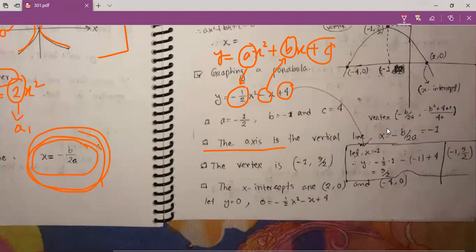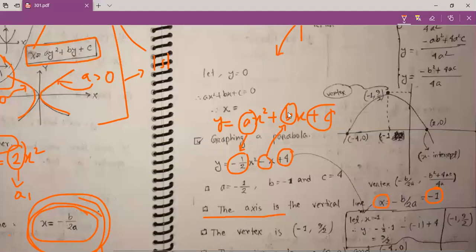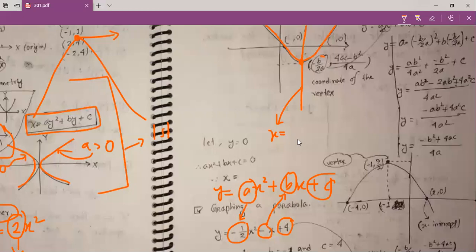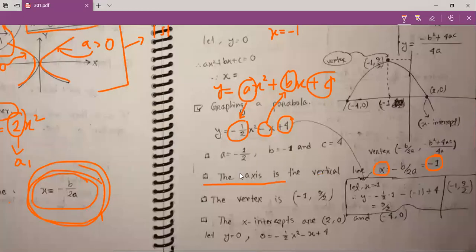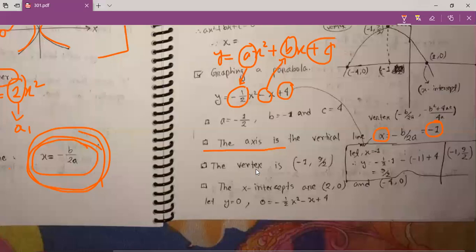So our equation is x equals -1. The equation of this line is x equals -1. Now we can find the vertex, right?